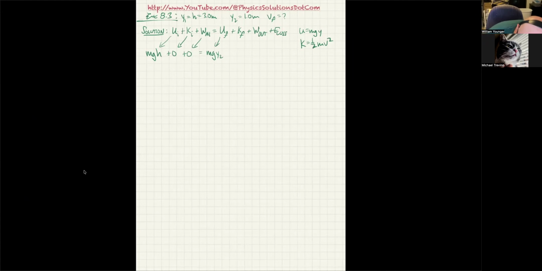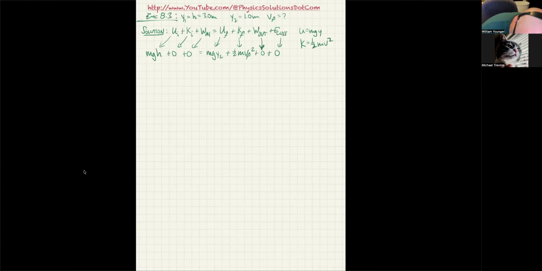And what they want to know is how fast it's going. So they want 1 half m v final squared, but the work out is going to be 0 because we're not imagining compressing any springs. The E loss is going to be 0 because we're not working against friction or anything like that. So that's how we do all this.